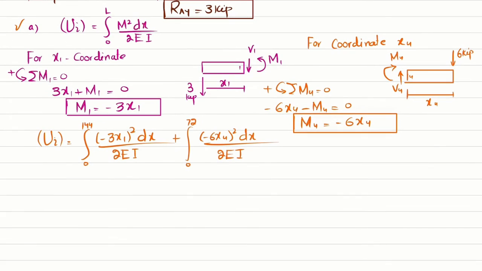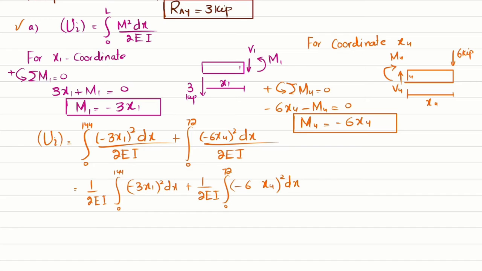Now what you can do is take 1 over 2EI common because they are constant. So we're left with 1 over 2EI times the integral of 0 to 144 of minus 3x1 squared dx, plus 1 over 2EI times the integral of 0 to 72 of minus 6x4 squared dx. Okay.